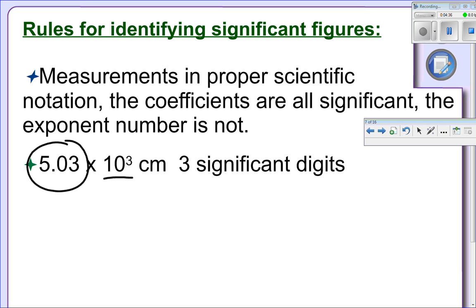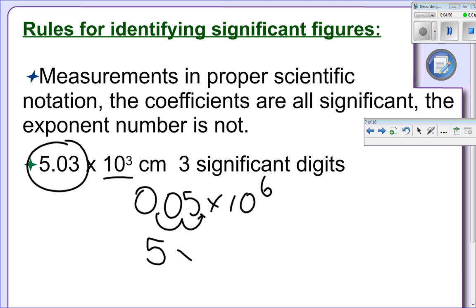Now what do I mean written correctly? If I have 0.05 times 10 to the 6th, that is not written correctly, because written correctly means I can only have one number to the left of the decimal. I can't have this 0.0. So if I moved over that way, I'm going to have 5 times 10 to the 4th.